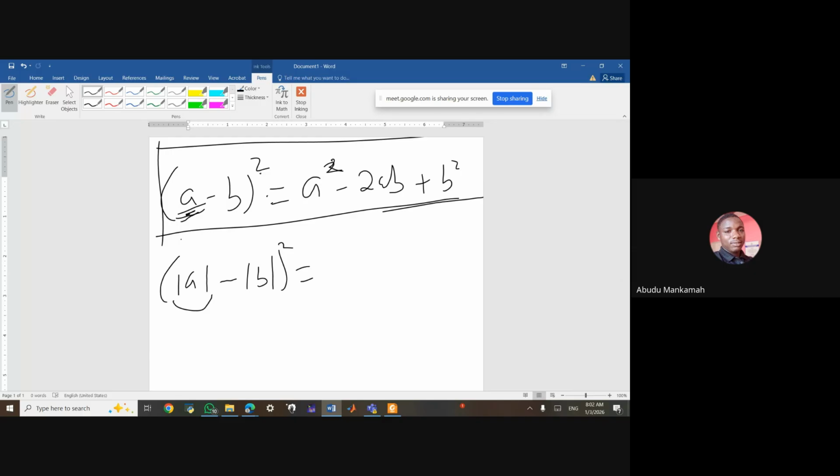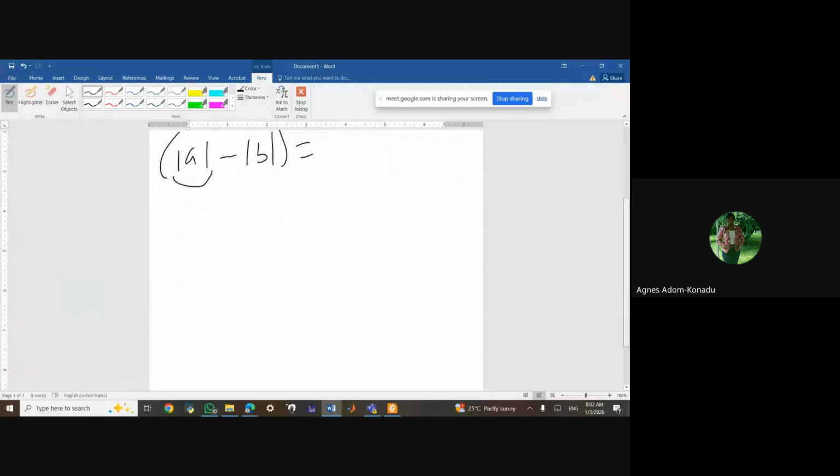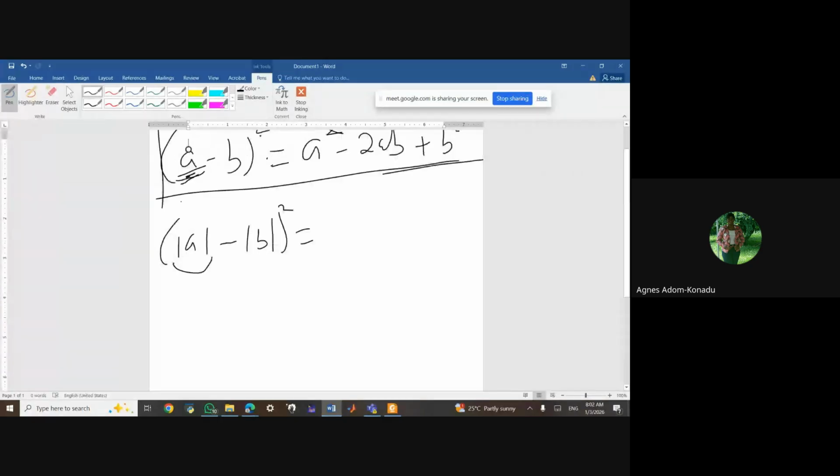At the top there you say that absolute of A minus absolute of B, you can write all squared. No, I said that we are using this to expand this. So please use what we have here.